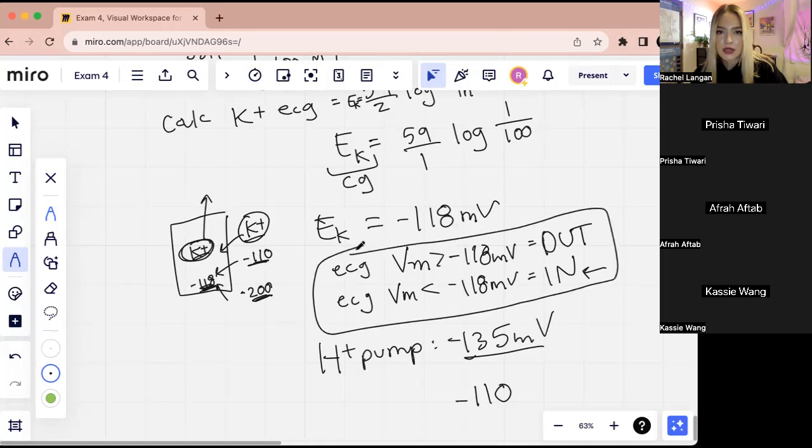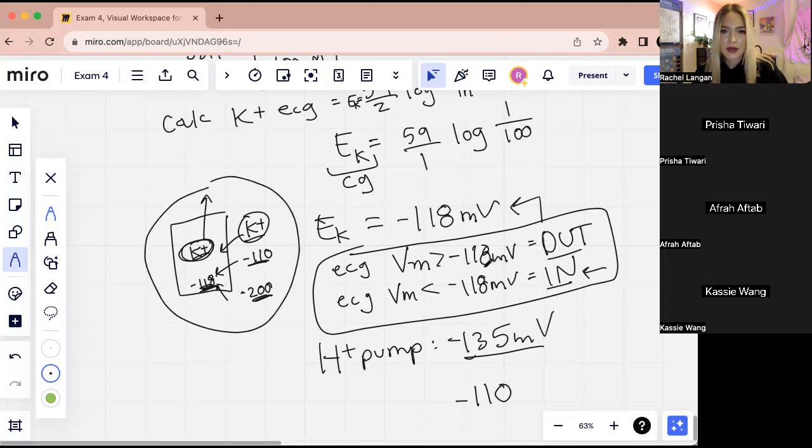And you know the ECG by calculating this value, and then knowing the direction, either based on doing EG minus CG or CG minus EG, depending on what makes more sense for your head, or doing this kind of thought experiment of, well, here's where I want to be, how can I move as the ion to get it there?